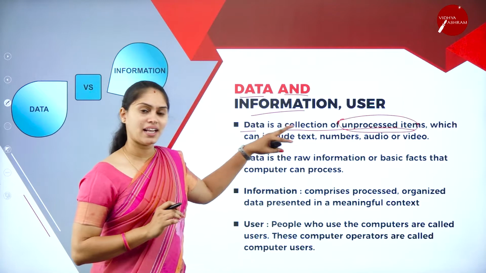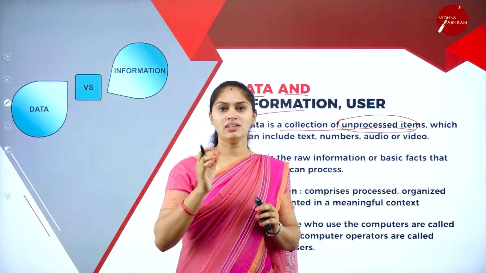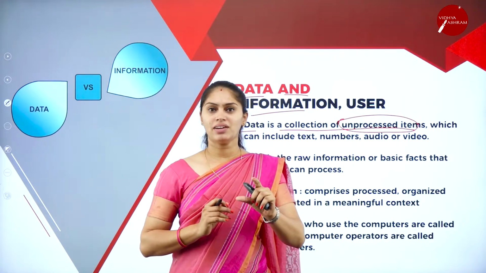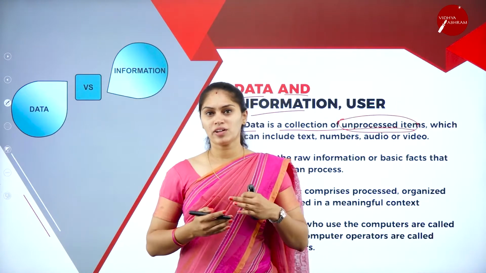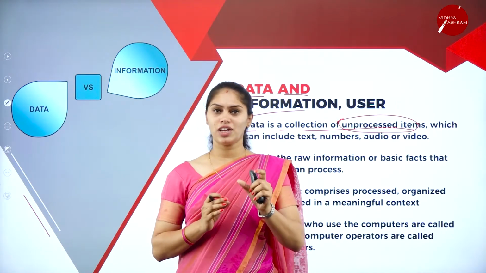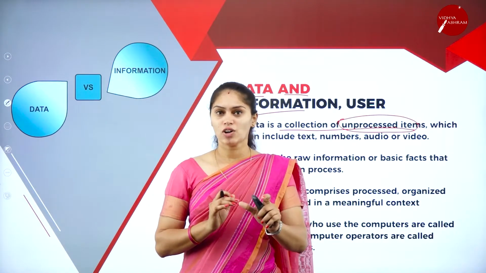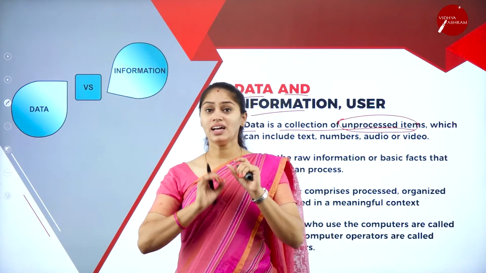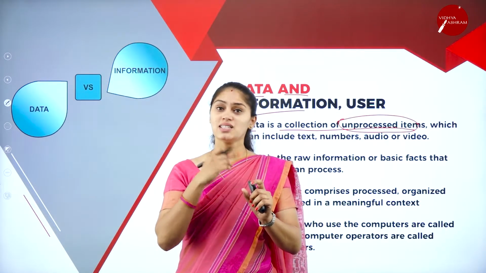So what can data be? It can be text, numbers, any image or a video. Okay, so I have an image, and I need to upload that into social media. At that time, what am I going to do? I am going to snap that image and apply some filters. Without those filters, the image is data, that is a raw fact. When I apply that filter, that is processing.